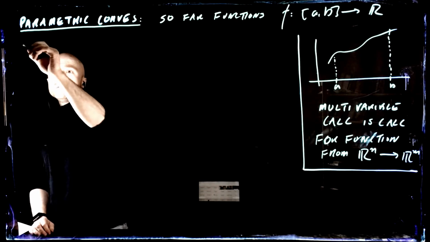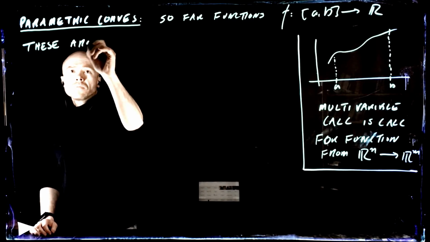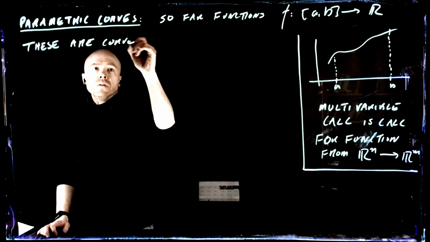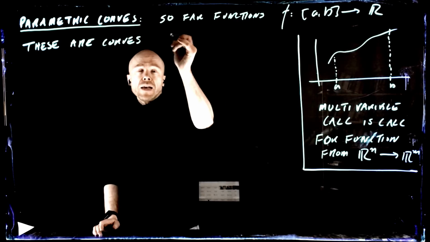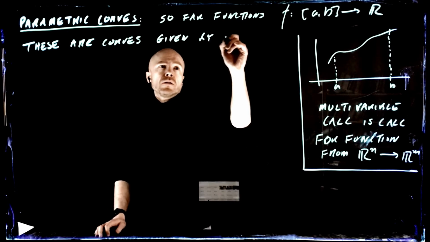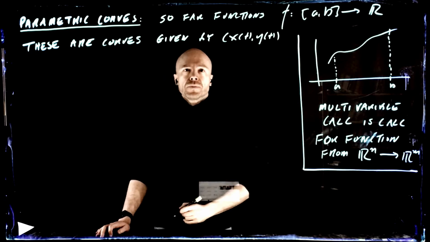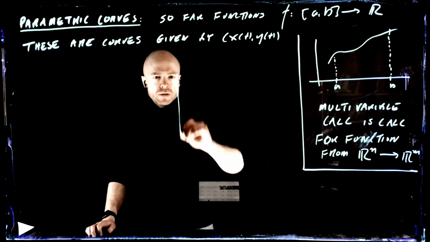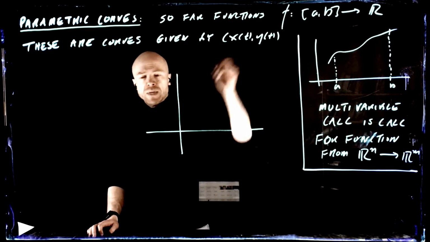So these are curves which we're going to parameterize by x of t, y of t. So it's a good idea to think of t, at least for the time being, as being time.